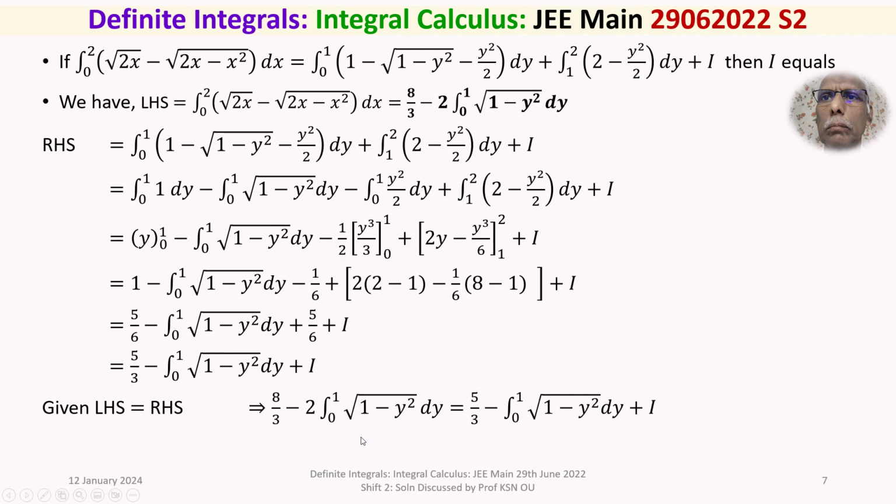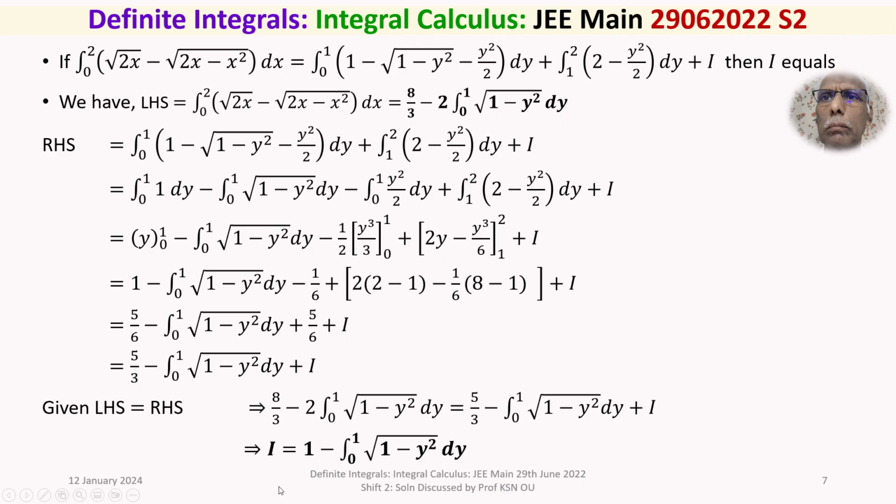So this will be minus integral 0 to 1 under the square root of 1 minus y square dy, and this is already 1 minus. So I will be 1 minus integral 0 to 1 under the square root of 1 minus y square dy.